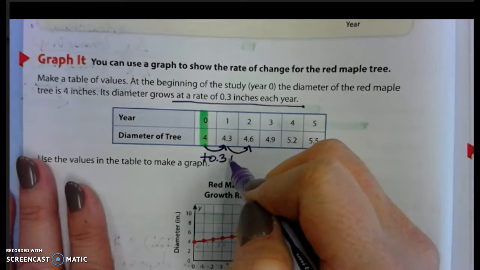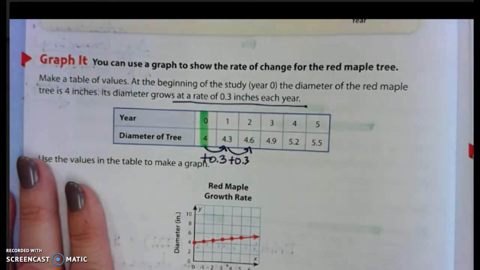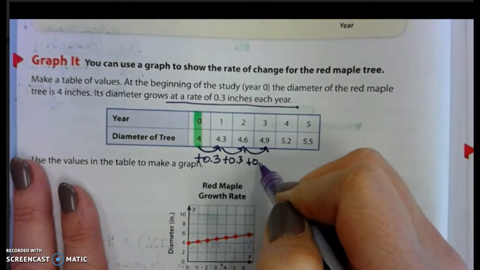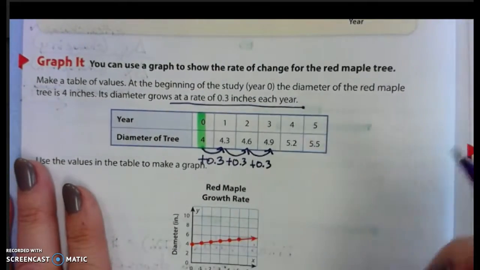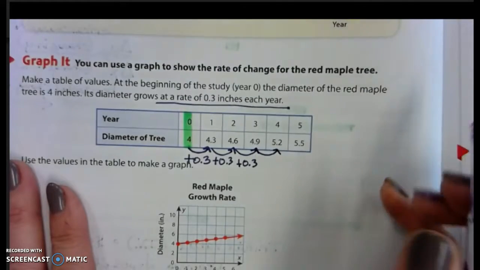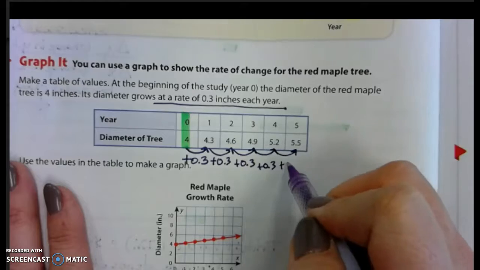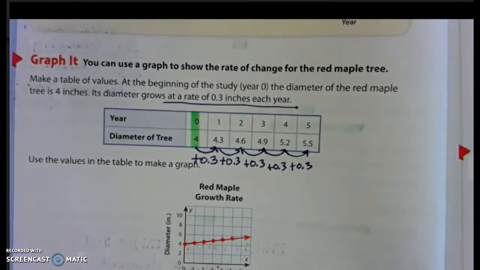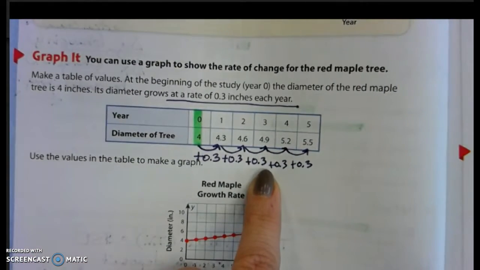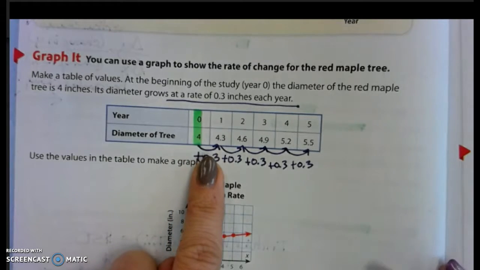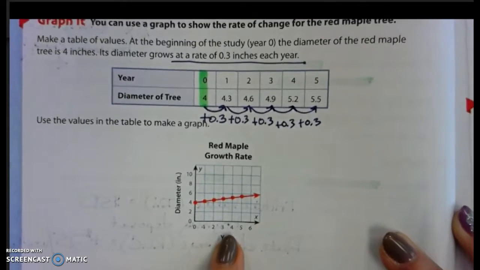Then the second year, we add 0.3 again, giving us 4.6. The third year, we add another 0.3 to get 4.9. Then we get 5.2 by adding 0.3. And then add 0.3 to get 5.5. This is our repeatable pattern. That was our initial value. Now, once you complete the table, you can put it on a graph.